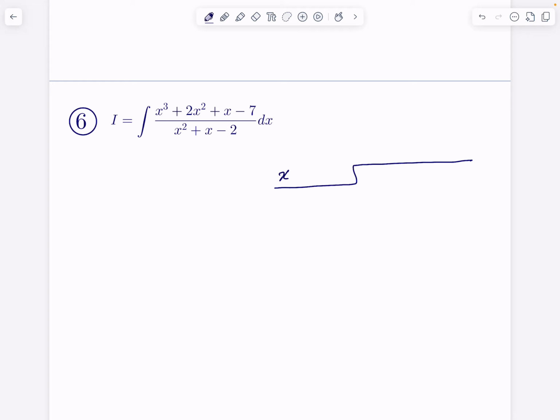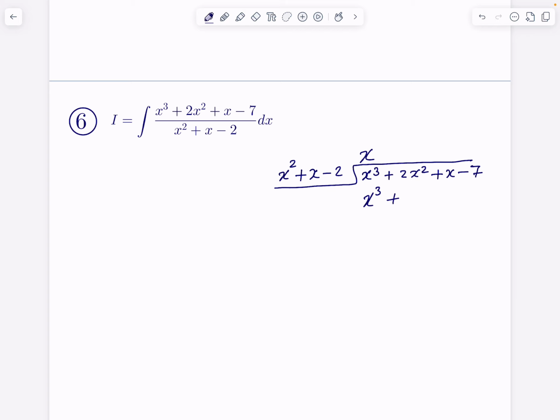So this is the denominator, x squared plus x minus 2, and this is the numerator, which is x cubed plus 2x squared plus x minus 7. We're going to multiply by x to make it x cubed. x by x squared is going to be x cubed.